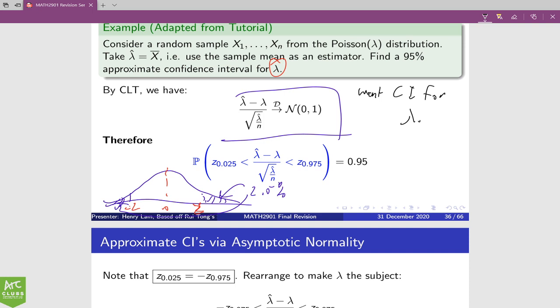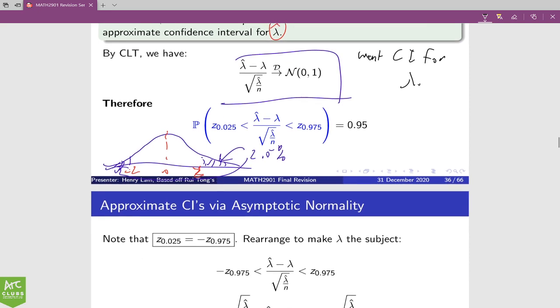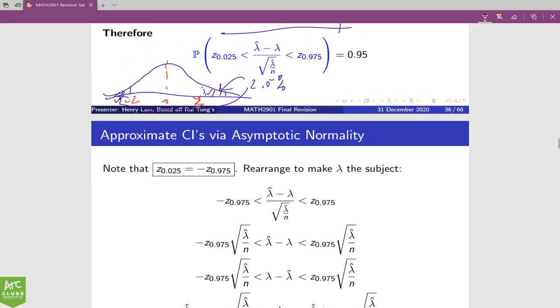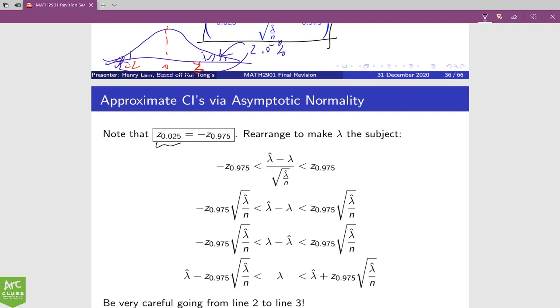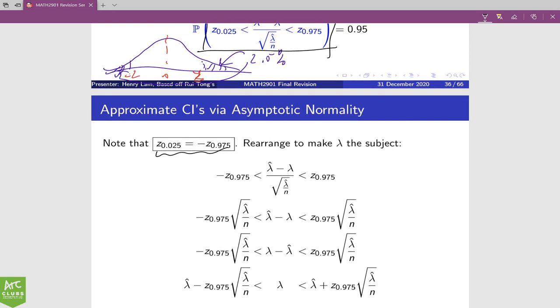Everything else is lambda hat, that's an estimator. So you just rearrange. And we note that since the normal distribution is symmetric about 0, the 2.5% region here is just the negative version of the 2.5% region up here.